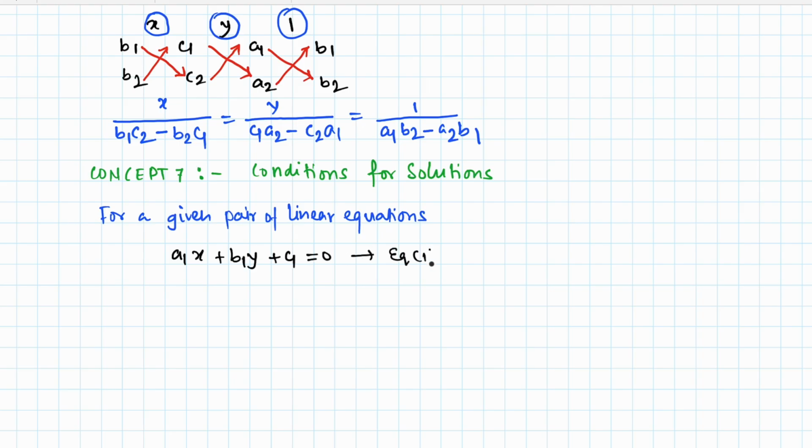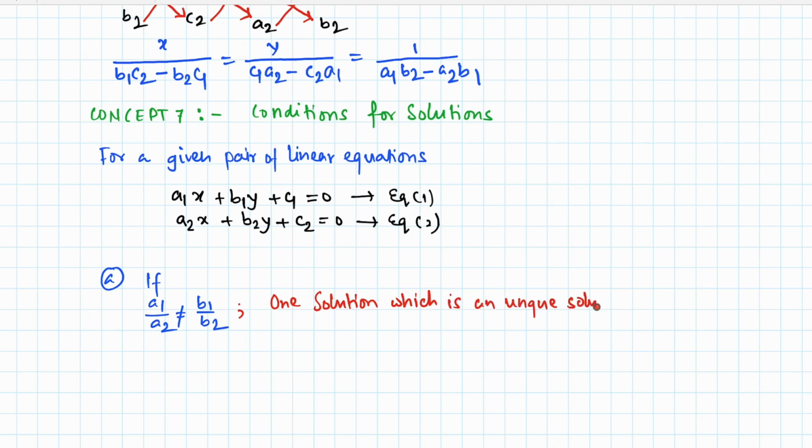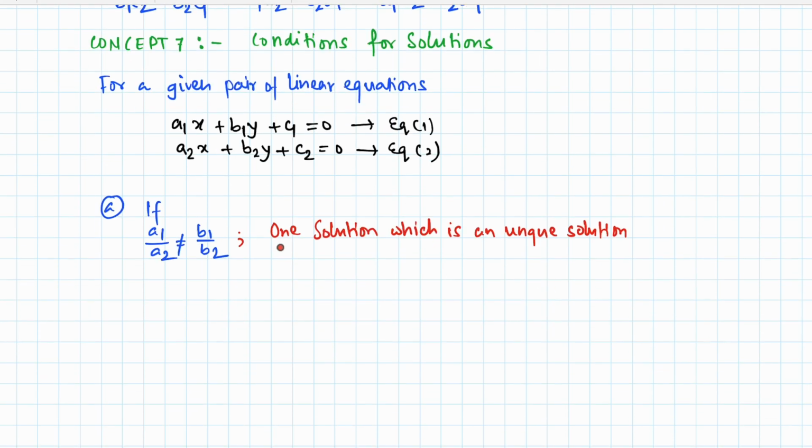For a given pair of linear equations a1x plus b1y plus c1 equal to 0 and a2x plus b2y plus c2 equal to 0, we have equation 1 and equation 2. Condition 1: if a1 by a2 is not equal to b1 by b2, then there is only one solution, which is a unique solution, and it is consistent.